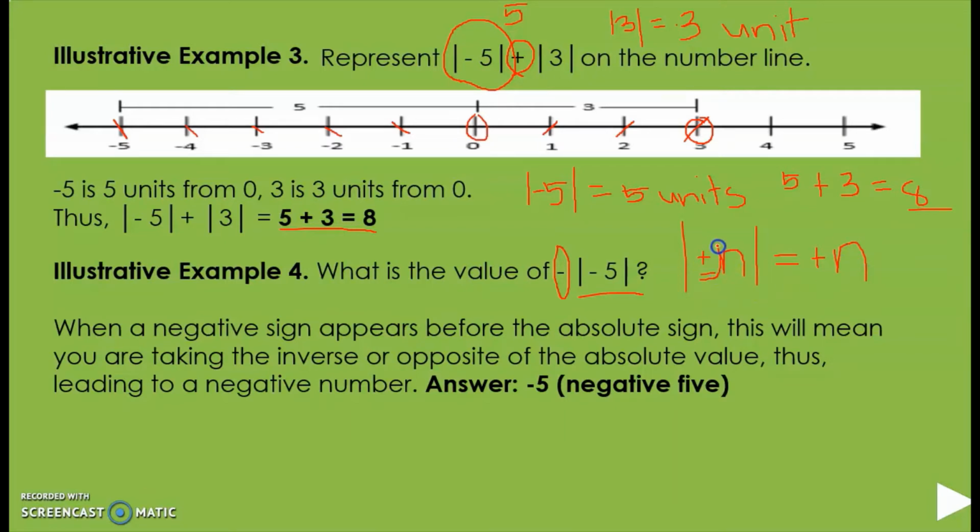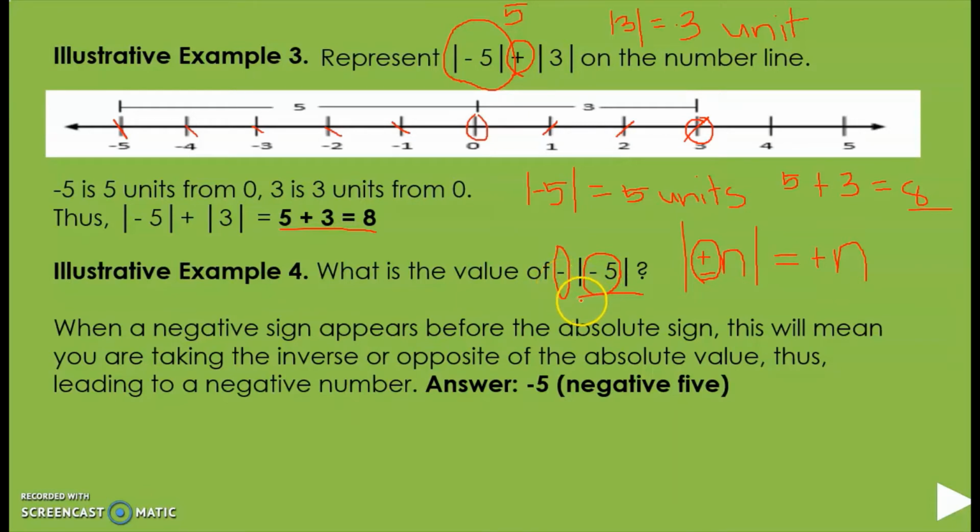But in here, aside from the negative 5 integer inside the absolute value sign, on its outside there is a negative sign.